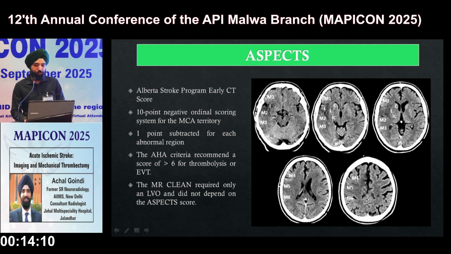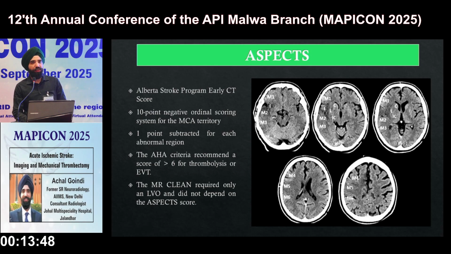And then we come to a very important radiological score, which is called the ASPECTS. What an ASPECT score is: for the anterior circulation especially, we divide the brain into 10 zones, and for each area where we see that the stroke is happening, we keep on deducting points.